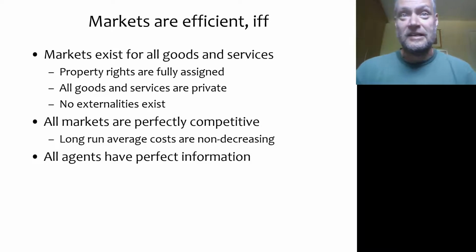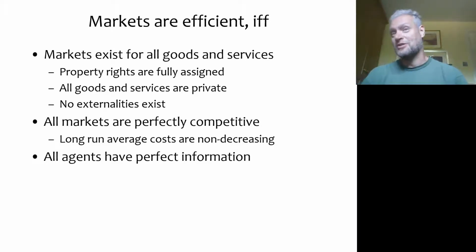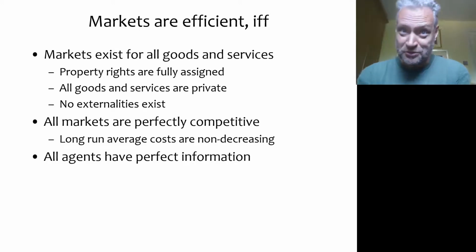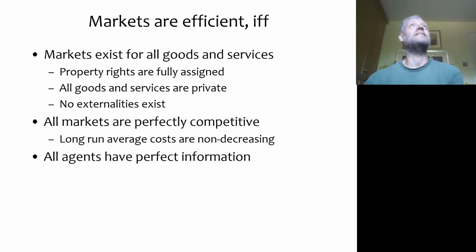And that means in turn that property rights are fully assigned, that all goods and services are private, and that no externalities exist. Another assumption that we need to make is that markets are perfectly competitive, that prices equal marginal costs.